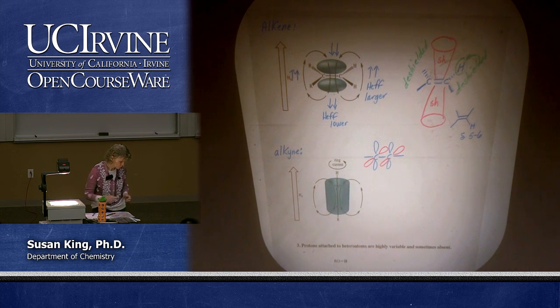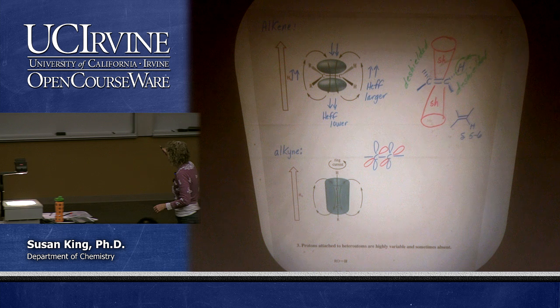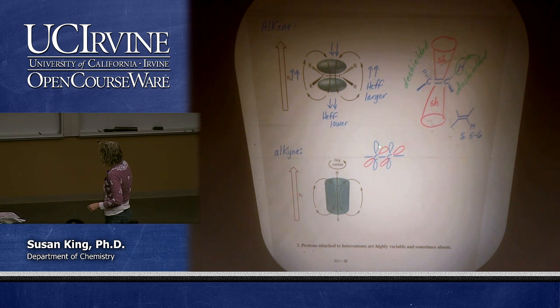And rather than just having circulating electrons for this pi bond and for this pi bond, I've drawn these really skinny. They're much fatter than that. We actually have electrons circulating in this direction. So all of those pi bonds overlap. So it makes kind of like a tube of circulating electrons here.